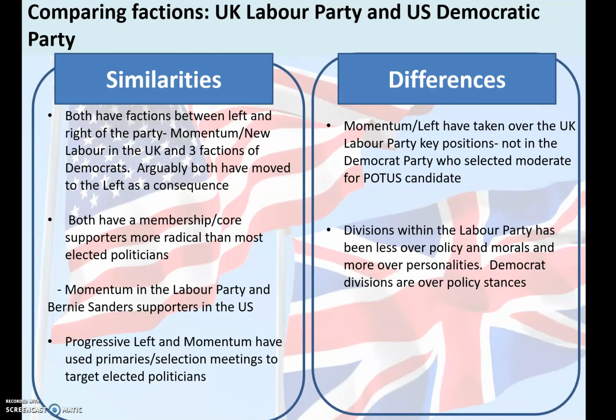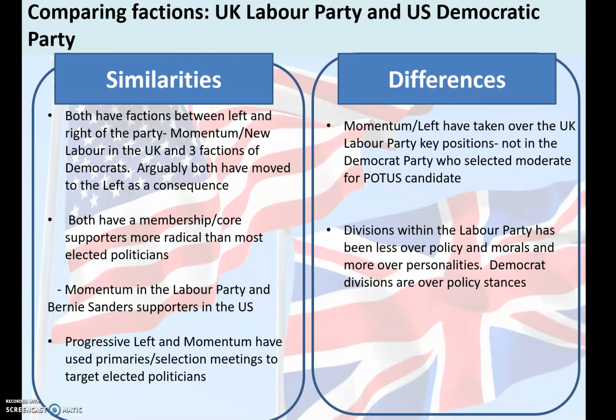Whereas in Labour, there's an argument to say that there were policy differences between Momentum and the New Labour people, but actually a lot of it was over personality. In that manifesto of 2017, many of the New Labour people did kind of support some of those things which Corbyn said, the anti-austerity, even renationalisation. Some of the more moderate Labour people were kind of supportive of some of those.